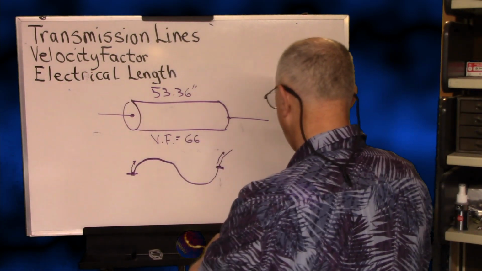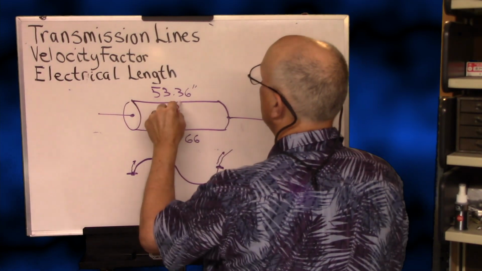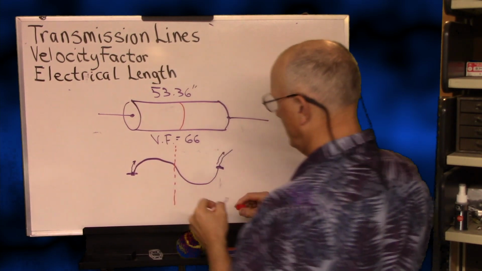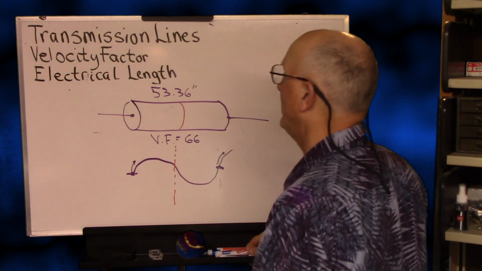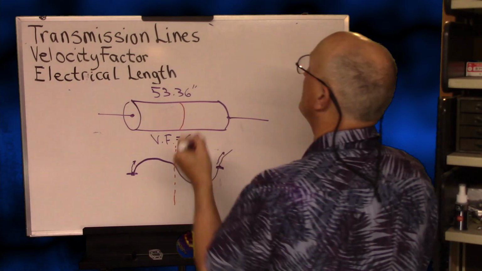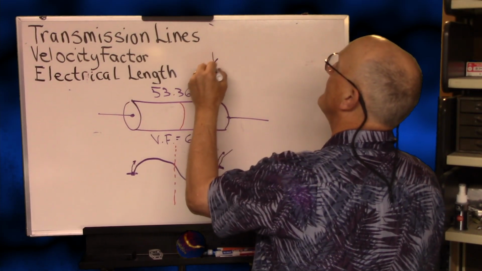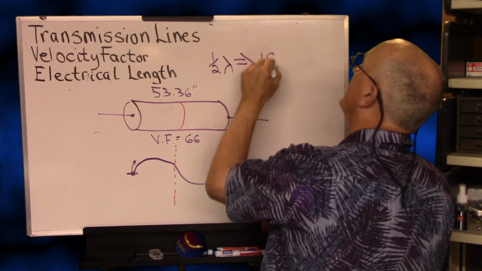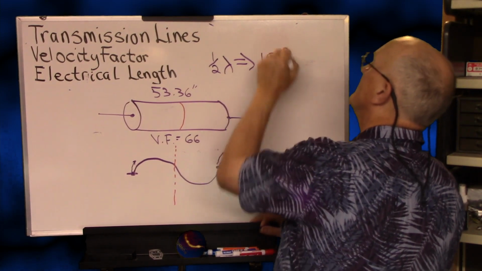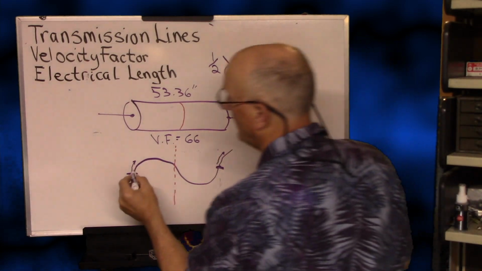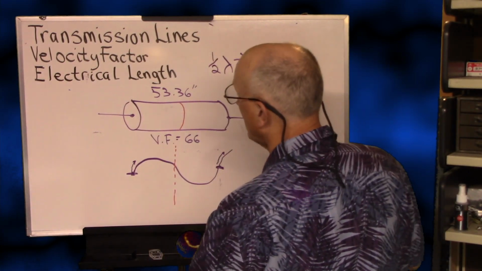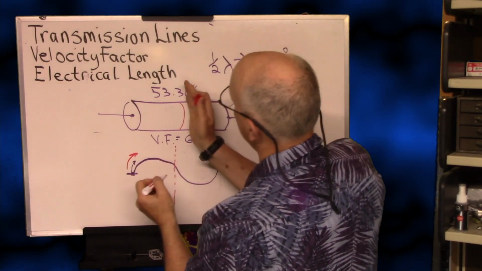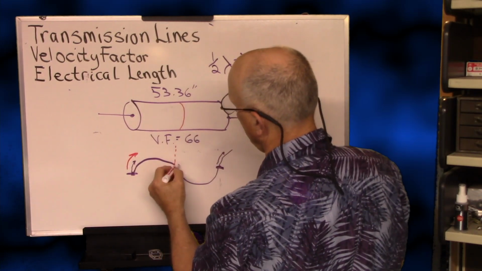Well, what would happen if we were to take our coax and cut it in half? Well, we would now be 180 degrees, 1/2 wavelength, gives us 180 degree phase shift. What that means is, here's this signal on its way up, but at the end of the coax, if we're looking here, it's on its way down.